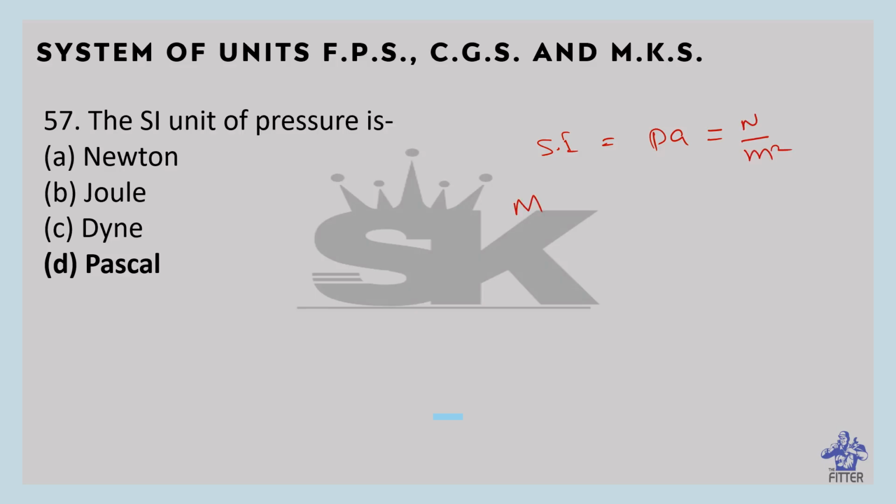In MKS format, that is kgf per meter square. In CGS, that is dyne per centimeter square.